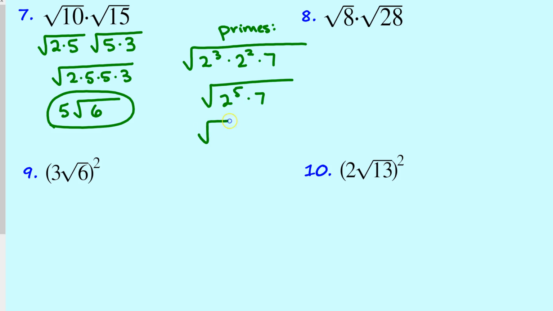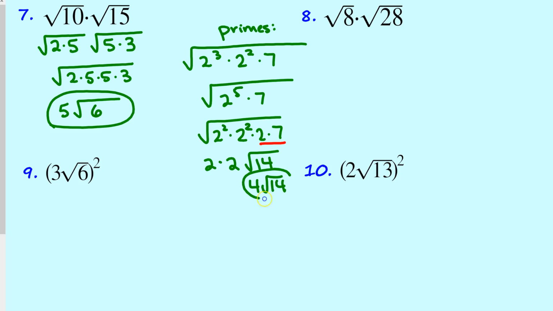And you could think of that as the square root of 2 squared times 2 squared times 2 times 7. What's the square root of 2 squared? 2. What's the square root of 2 squared again? 2. And then under the radical we still have the 14, 2 times 7, the ones that are left. So the answer would be 4 square root 14.